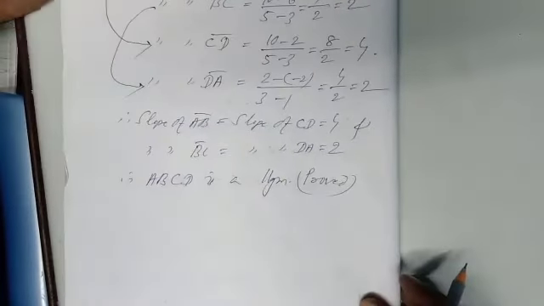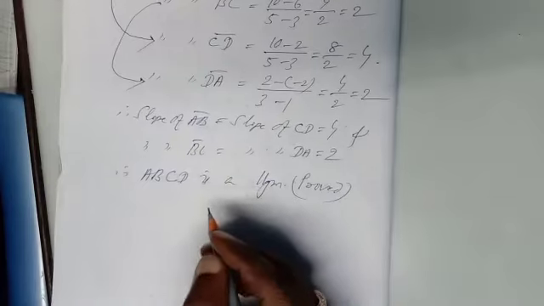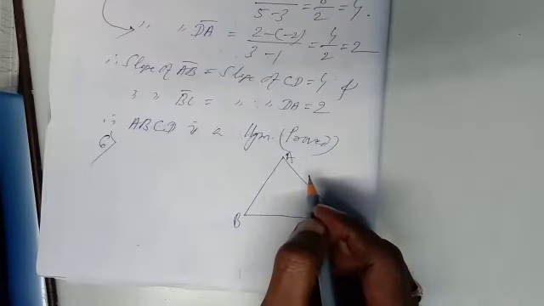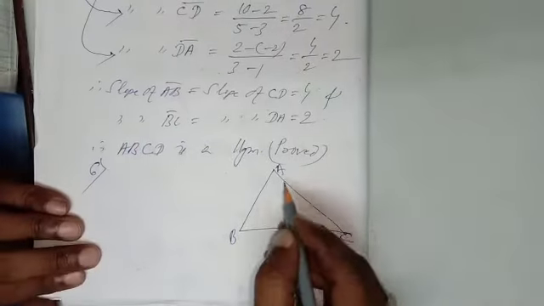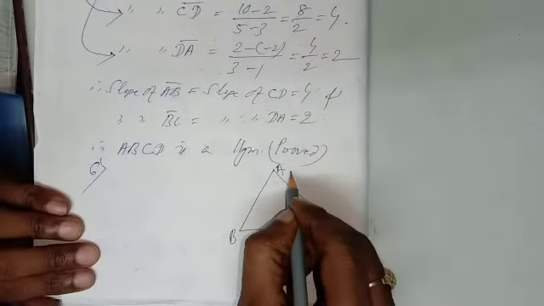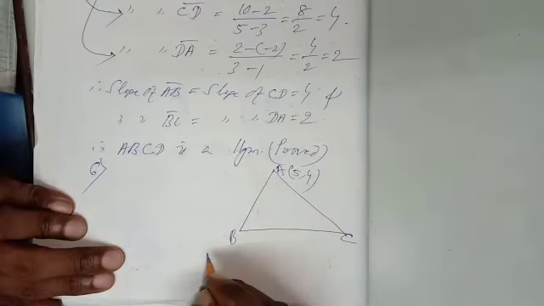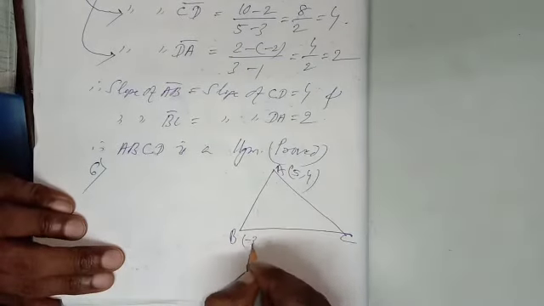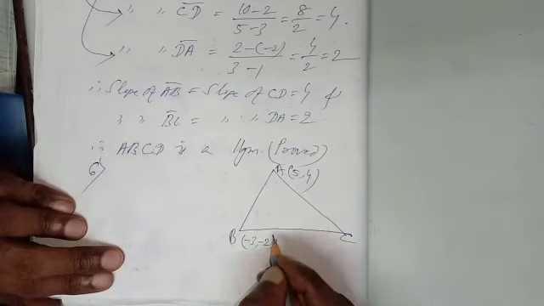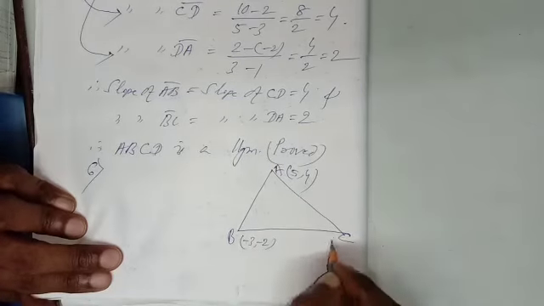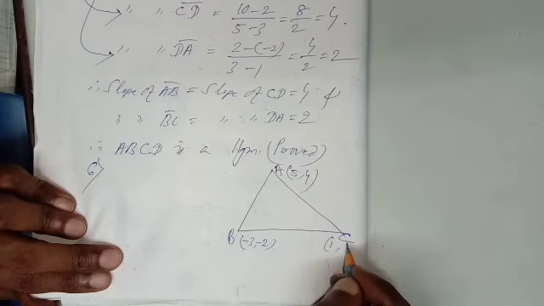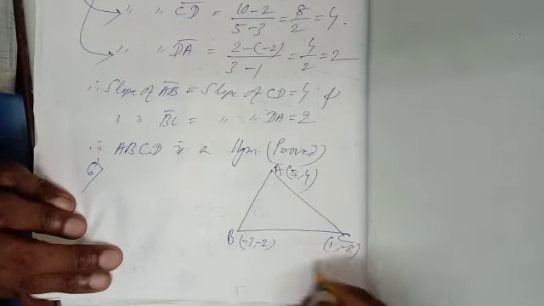Okay. Let us go to one more question, number 6. ABC is a triangle. A is (5, 4), B is (-3, -2), C is (1, -8).